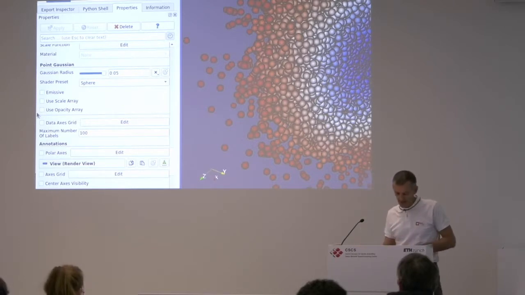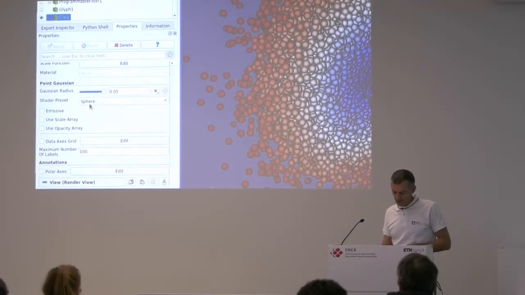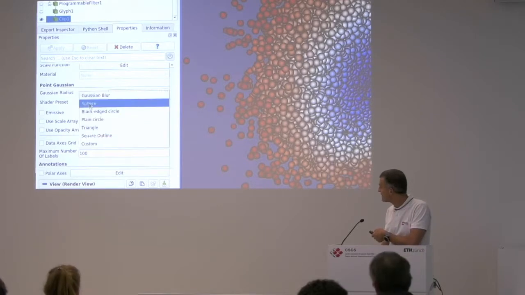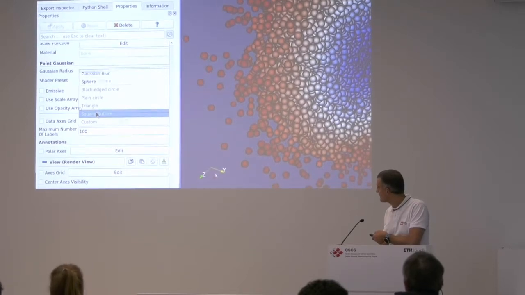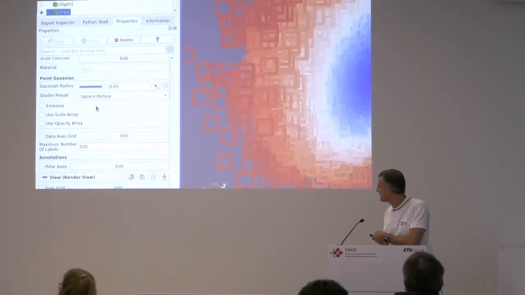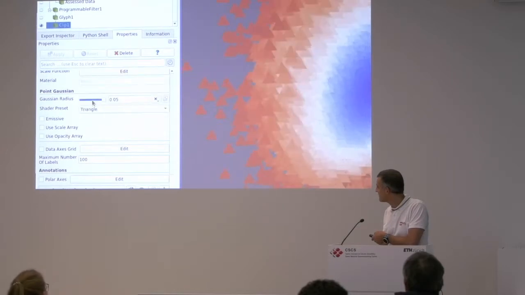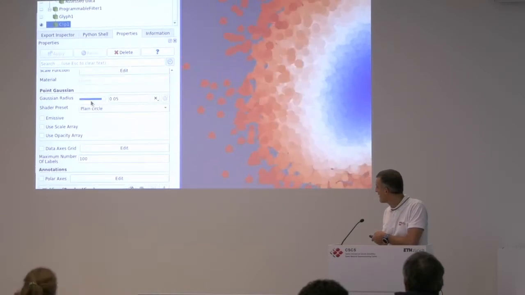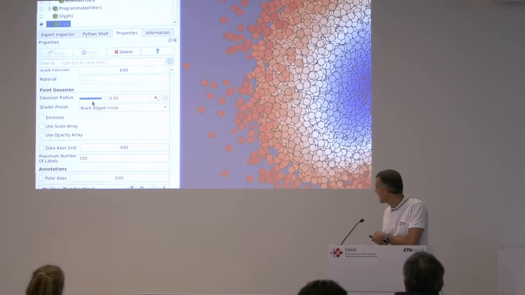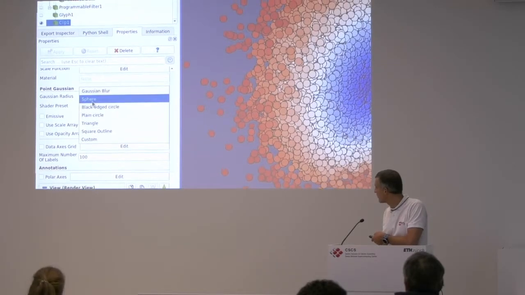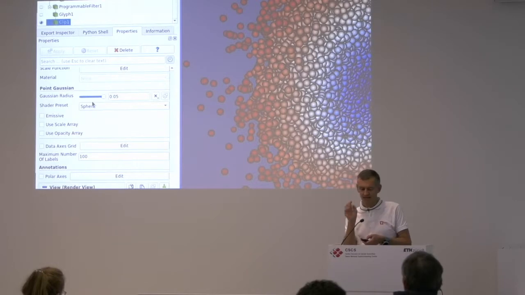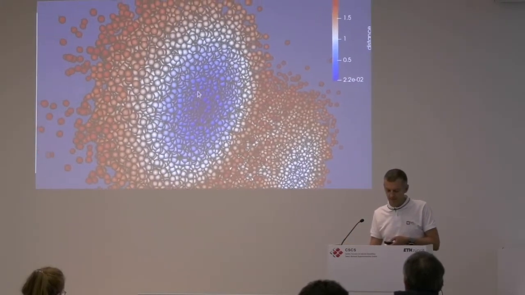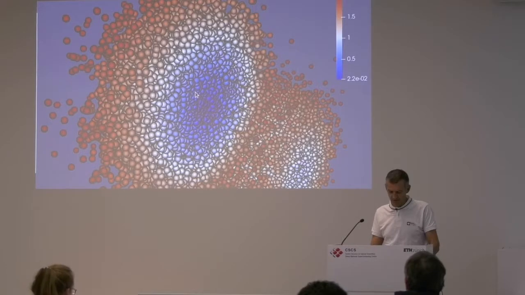And since we're at it, the shader preset, here's the sphere. If I change that to a square outline, for example, see what I get? A triangle, a plain circle, a black edge circle, or the sphere. And now you can tell they're really just tiny little miniature textures that are sent out by the GPU to do my rendering.